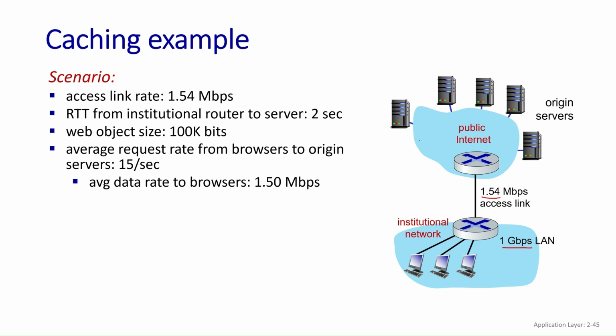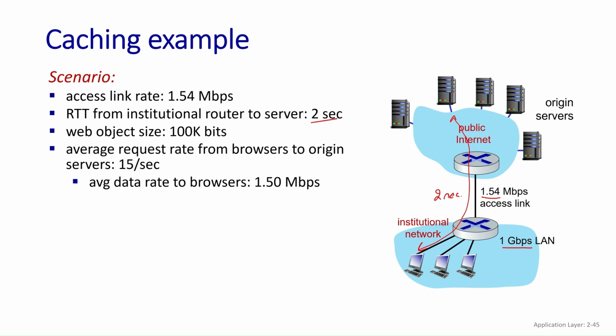Over the internet, there are different origin servers that I want to access. The RTT from the institutional router to the server is 2 seconds. So if a request is sent to a server and I receive a response, it takes 2 seconds.